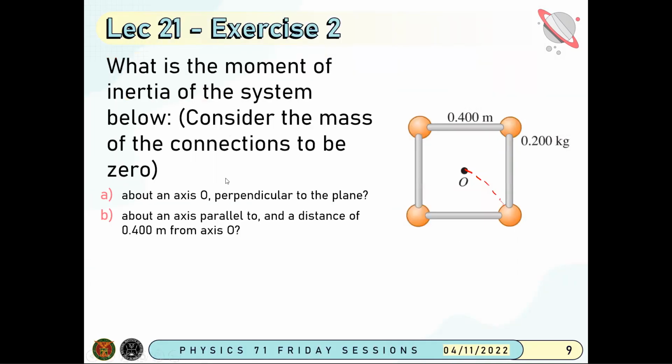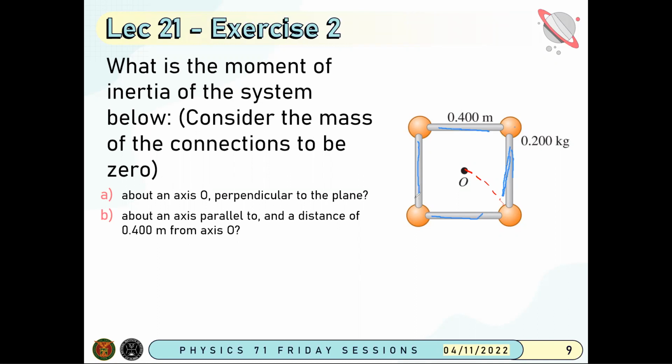Okay. So, next example. What is the moment of inertia of this system below? Consider the mass of the connections to be zero. So, meron ka ngayong distance between each masses, 0.4 meters, and the mass, which is 0.2 kilograms. Okay. And now we are considering itong connections na to be massless. Okay. Para negligible.